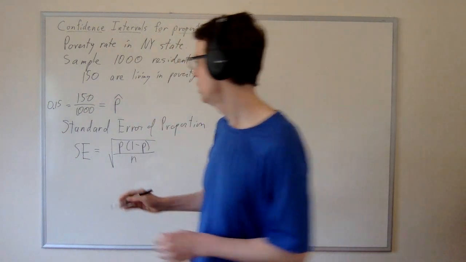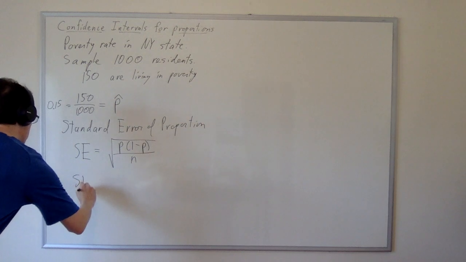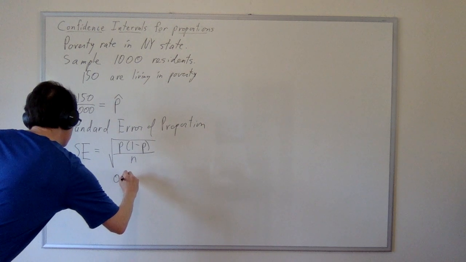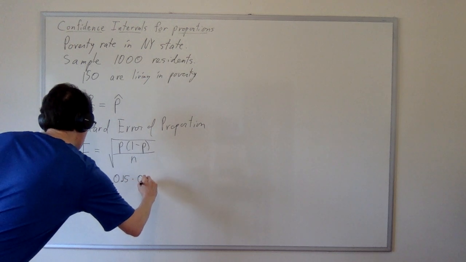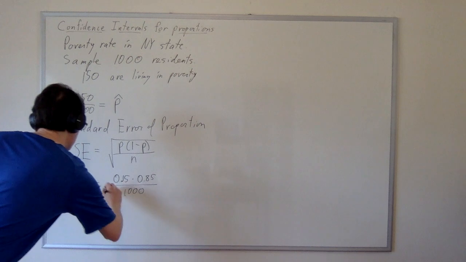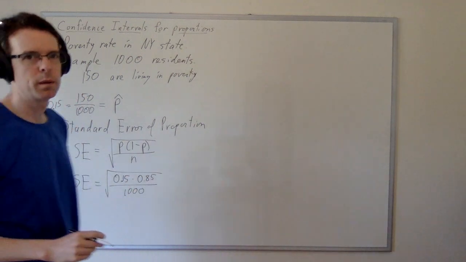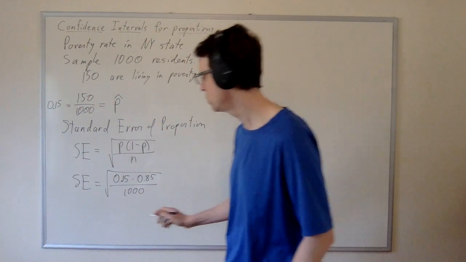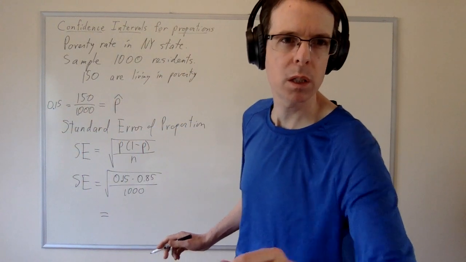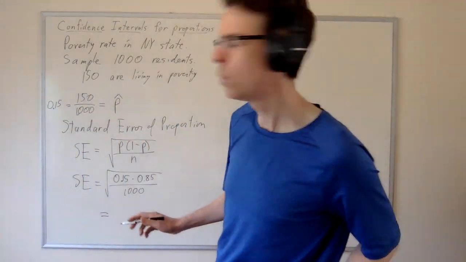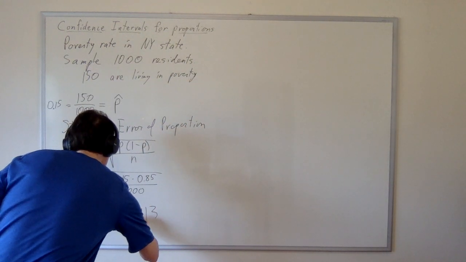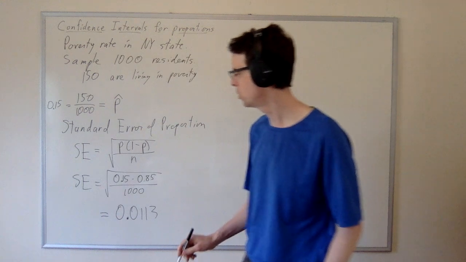So in this example, we plug this in. So the standard error is equal to 0.15 times 0.85 divided by 1,000, and then the square root of the whole thing. And then whatever calculator system you're using, you can find that that's equal to approximately 0.0113. So that's the standard error for the proportion.